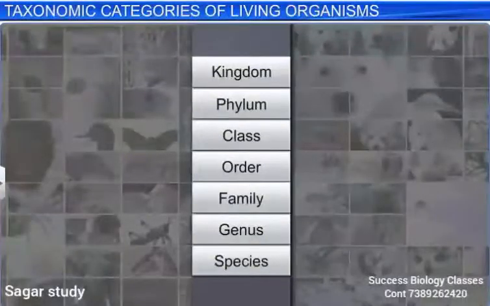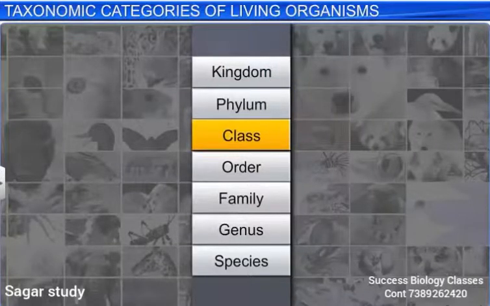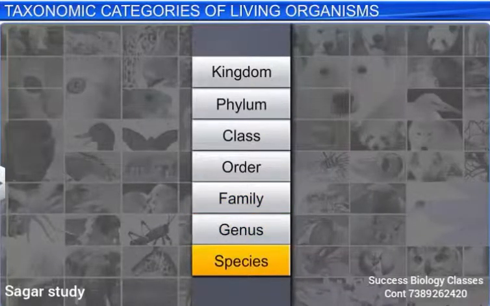Organisms are classified using common categories such as kingdom, phylum or division, class, order, family, genus, and species. These taxonomic categories are also known as broad categories. Species is the basic rank in a taxonomic category.